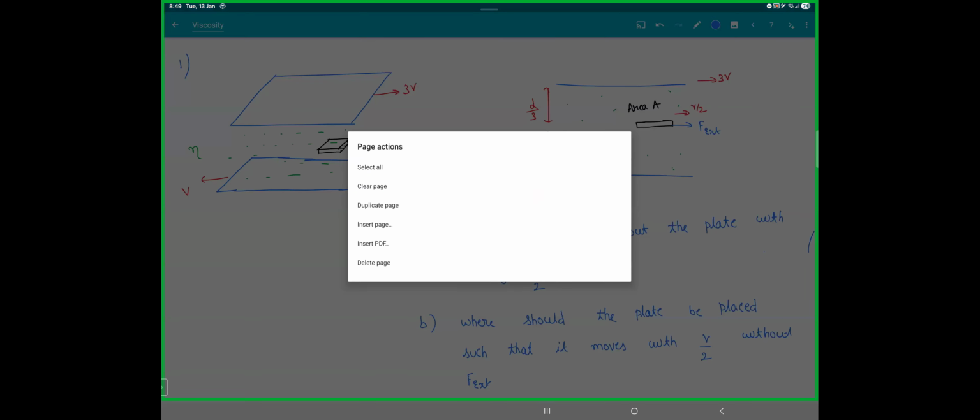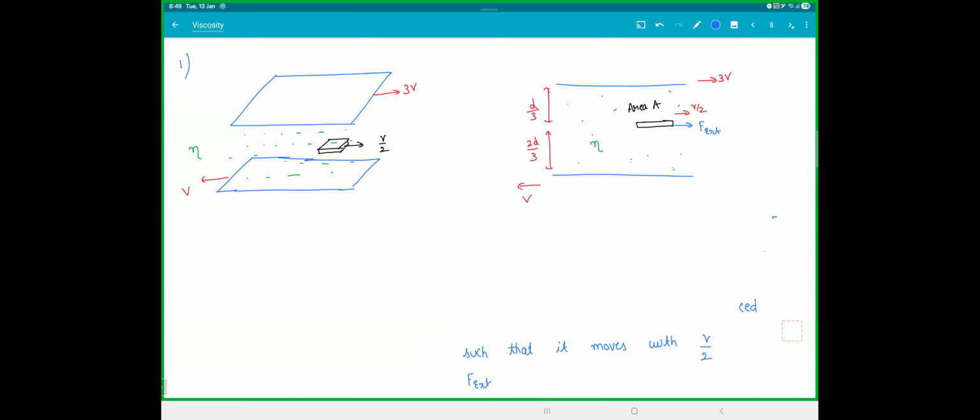How many frictions will be there? There'll be two frictions. There is one friction because of the upper surface and one friction because of the lower surface. You're getting it? See, because remember, what is that A? A is the area in contact. So this plate will have two areas, an upper area and a lower area.